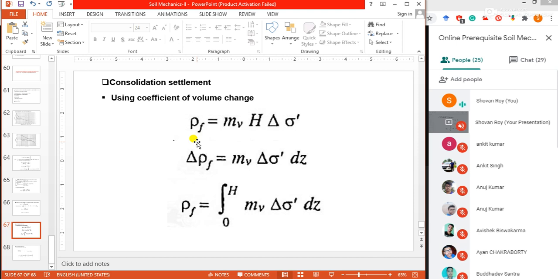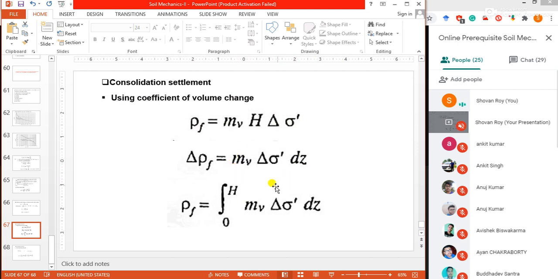In such circumstances, the consolidation settlement delta rho f of an element of thickness small dz is calculated under an average effective pressure increment delta sigma dash, and the equation becomes delta rho f equals mv delta sigma dash dz. This is not important in our case.